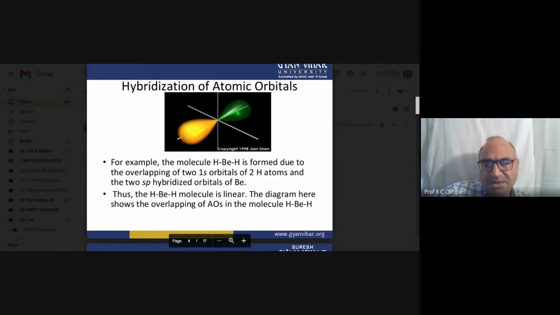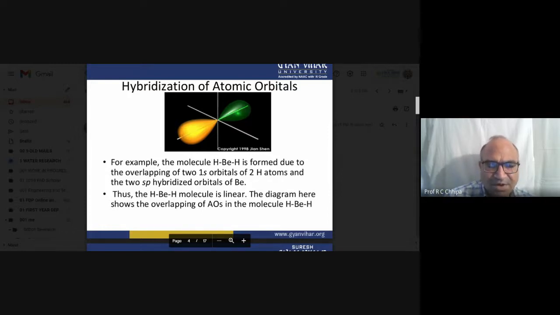Beryllium undergoes the mixing of atomic orbitals having approximately the same energy level to form new hybrid orbitals, called sp hybrid orbitals. Each of those two sp hybrid orbitals has one unpaired electron, and these unpaired electrons combine with the 1s atomic orbitals of two hydrogen atoms.